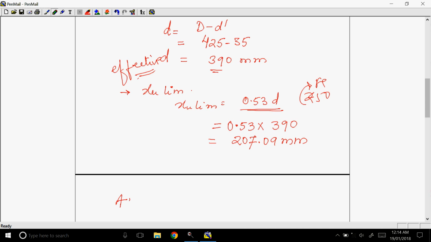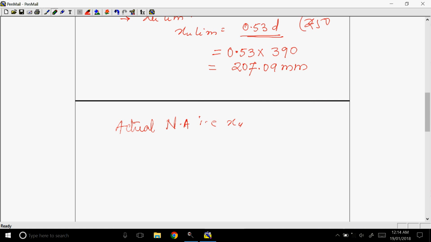Xu is equal to 0.87 Fy Ast upon 0.36 fck b. Ast we already have. Fy is your grade of steel, fck your concrete grade, and b is your width of beam.